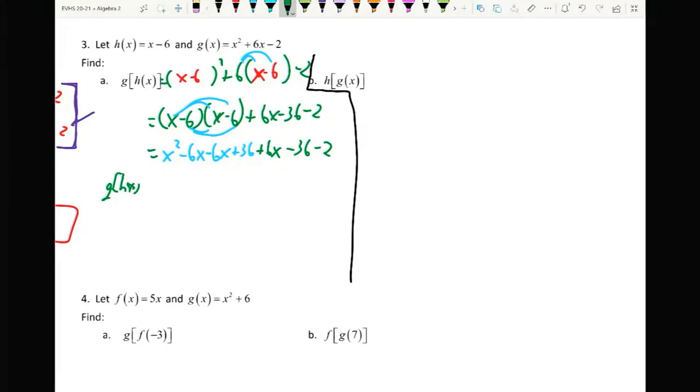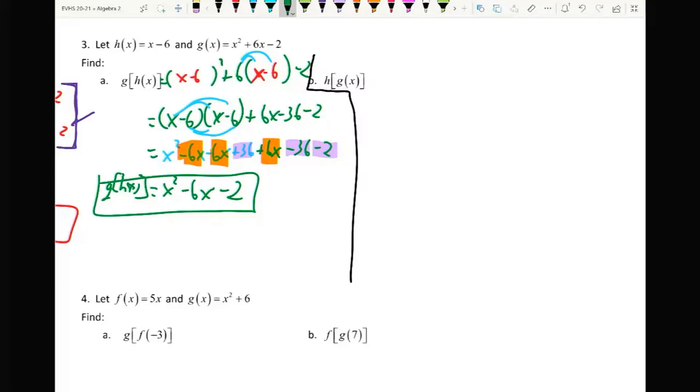So I'm going to rewrite that. Only one x squared term, so it gets written down. Now all my x terms, I've got here, here, and here. Negative 6x plus negative 6x plus 6x is going to be minus 6x. And then I've got plus 36 and minus 36. Those cancel out, leaving me with just the negative 2.